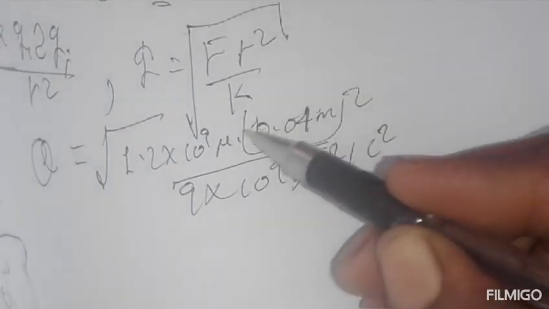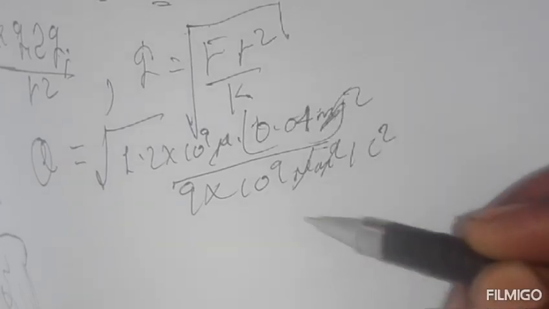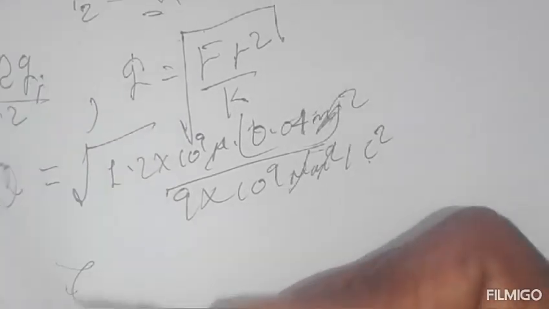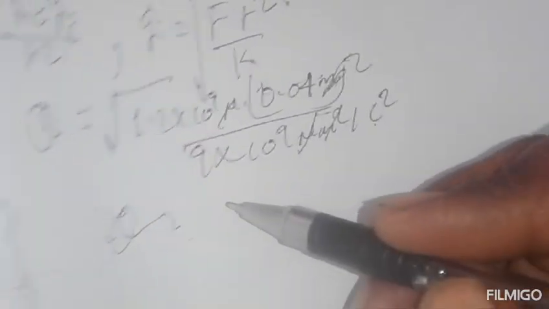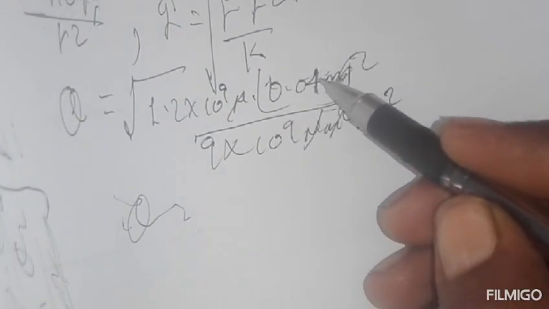Newton will cancel Newton, meter square will cancel meter square. Then what's left? Only Coulomb. So charge Q is equal to, multiply them. 0.04 the whole square.